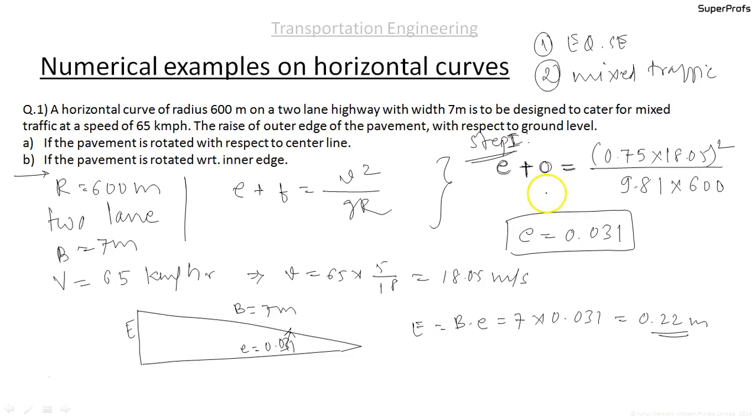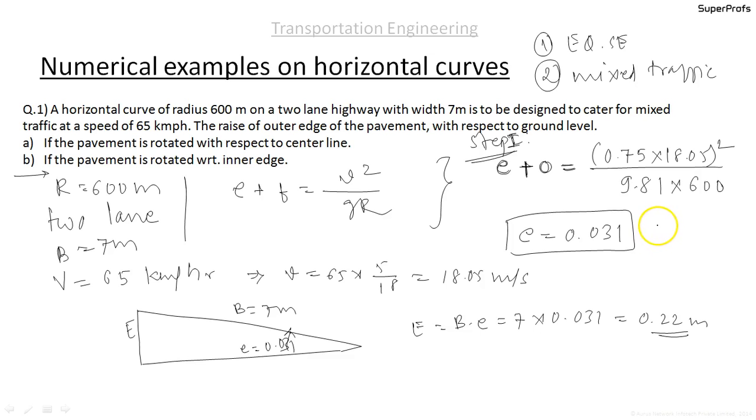Here it is important to note that we have stopped at step 1 itself, because the question neither speaks about the maximum super elevation nor about the type of terrain. So there is no need to compare it with Emax.